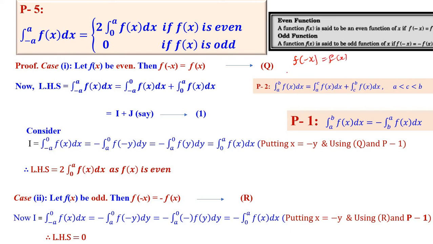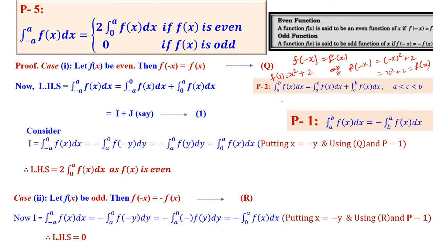Like in the case of, say, x square plus 2, if we consider this as my function, this is even because f of minus x is minus x the whole square plus 2, so you have x square plus 2, you are getting back the function. So in such a case we call that an even function.